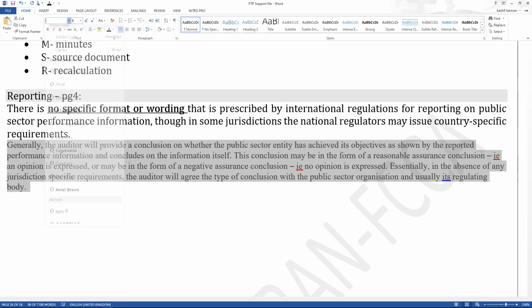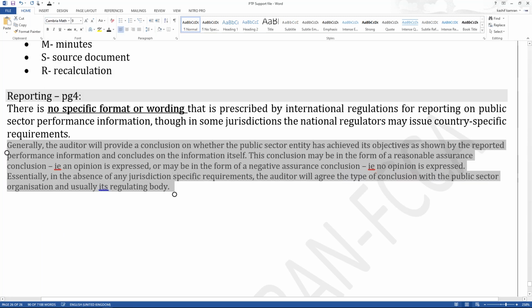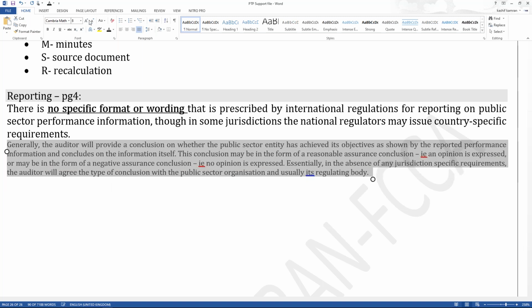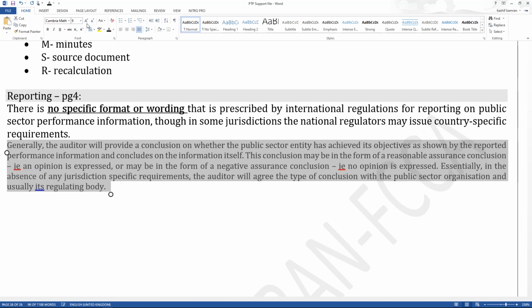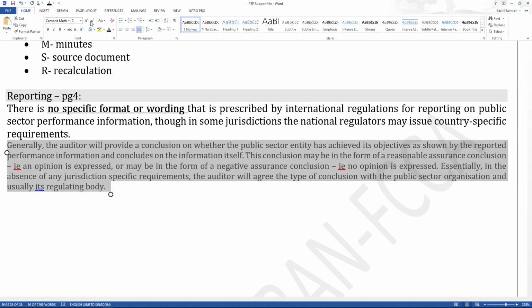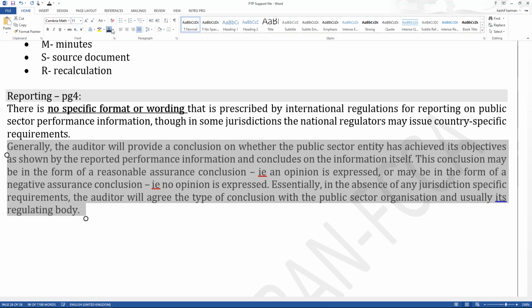Right. Performance information is done not just in the public sector, it's also done in the private sector. The examiner has given that with clarity on pages 1 and 2, which we skipped. And even in the past papers, you have got case studies not just on public, but also on the private sector. So it is applicable to both, right, in the same order.